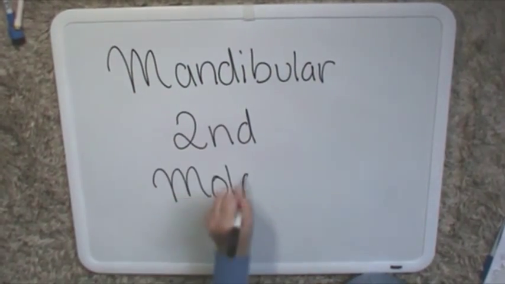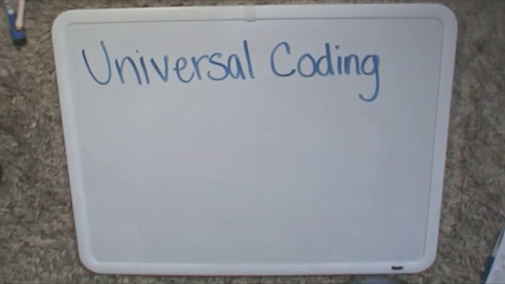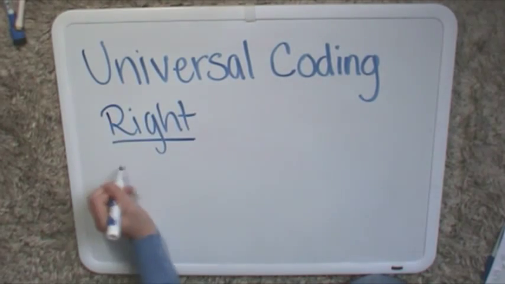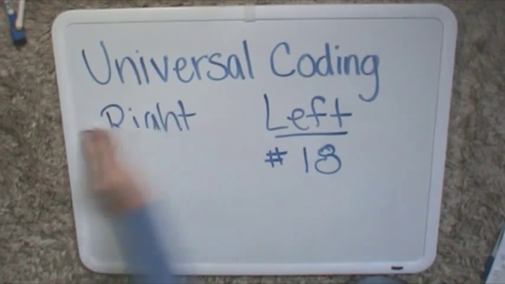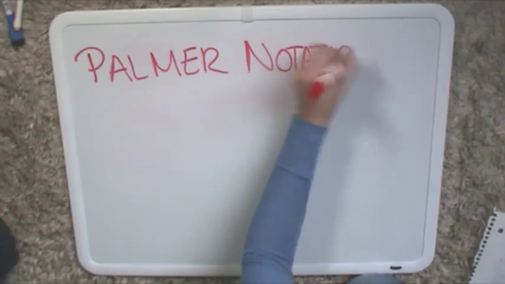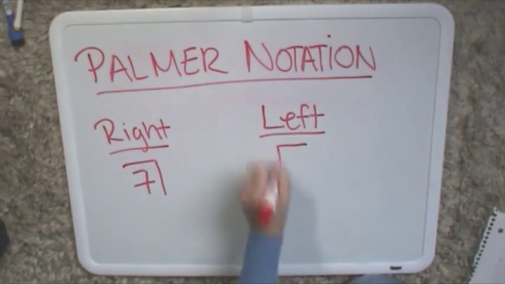The mandibular second molars. The universal coding for the right is 31 and for the left is 18. The Palmer notation is 7 and 7.